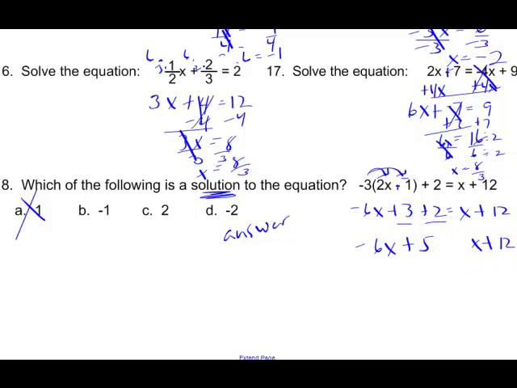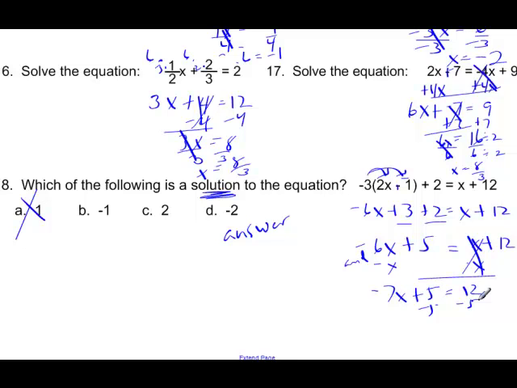Okay, so let me clean that up. So the opposite of x is negative x. They cancel. Negative 6x and not minus, because kids might want to do that. So negative 6x and negative x is negative 7x plus 5 equals 12.